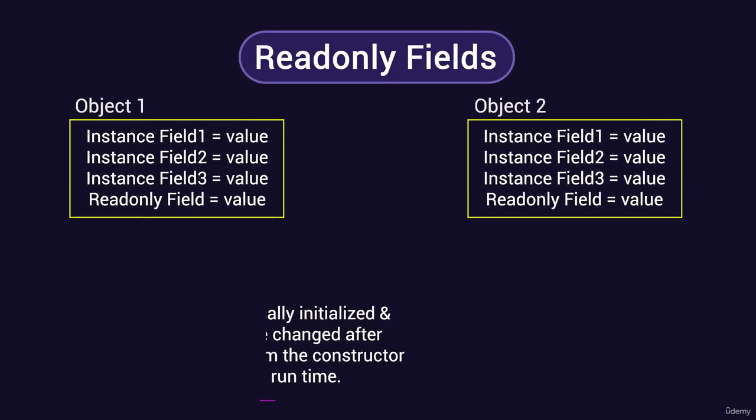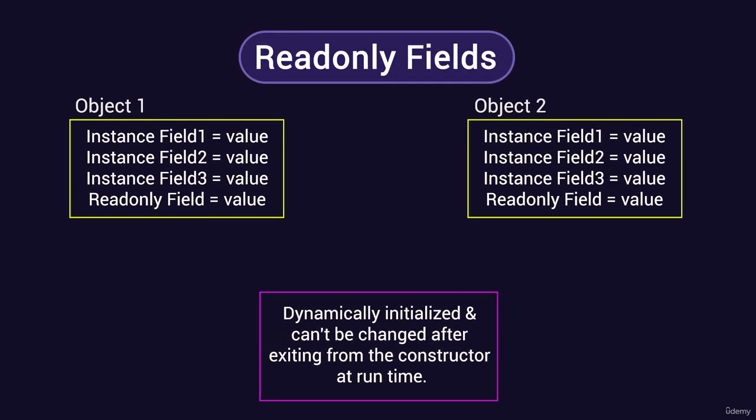On the other hand, you have some data that is isolated to every object. That means the value of the particular field is individual for every object, but at the same time, you don't want to allow the value to be changed. In that case, go for a read-only field.